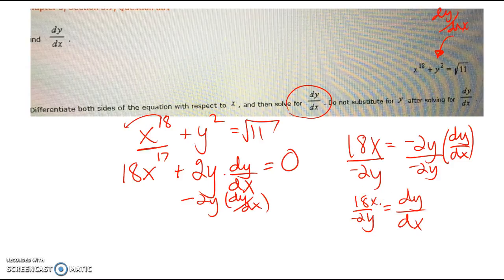And I can simplify that. That'll be negative 9x over y. Okay, just got a little bit out of order, but that's okay. Let's look at the next thing.